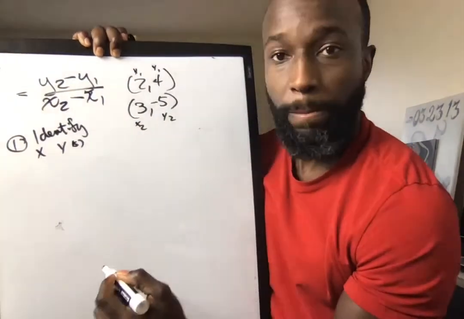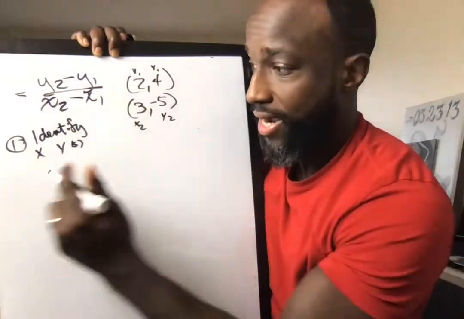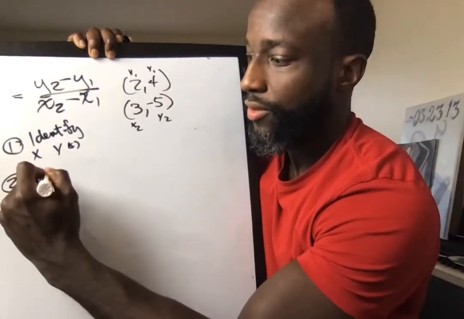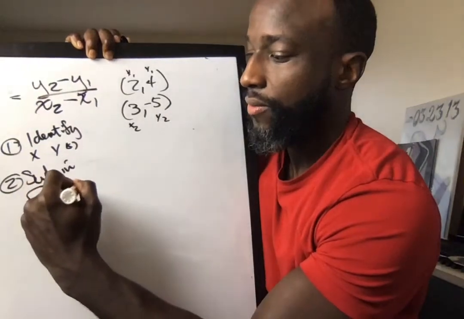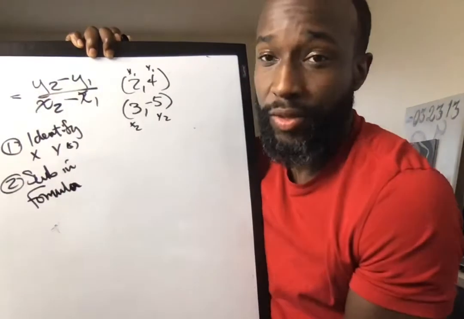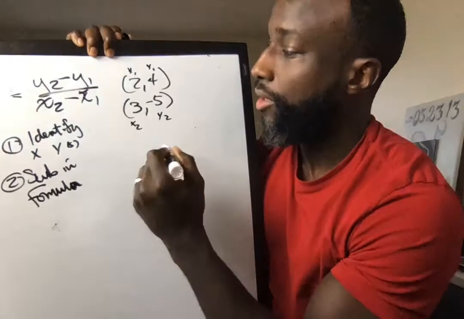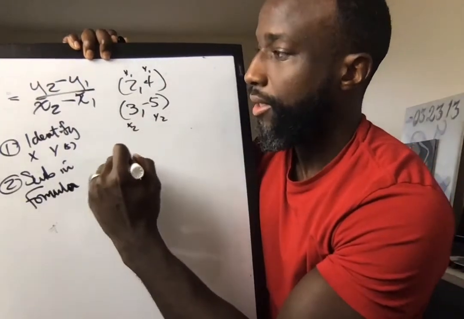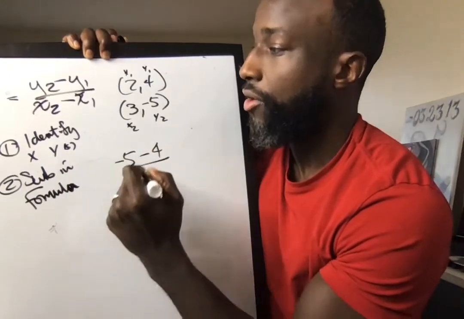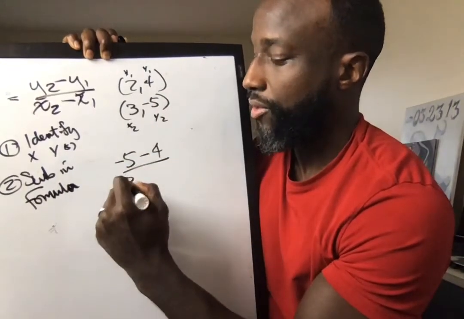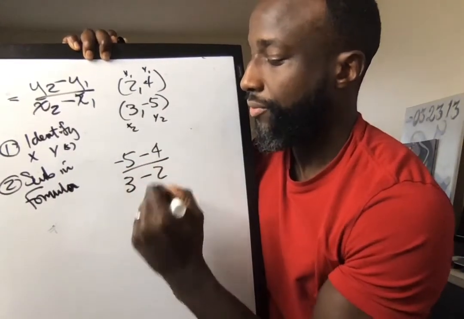Once you have identified the x's and y's, you can substitute them into the formula. The formula being y2 minus y1 over x2 minus x1. So it'll be y2, which is negative 5, minus y1, 4, over x2, 3, minus 2.